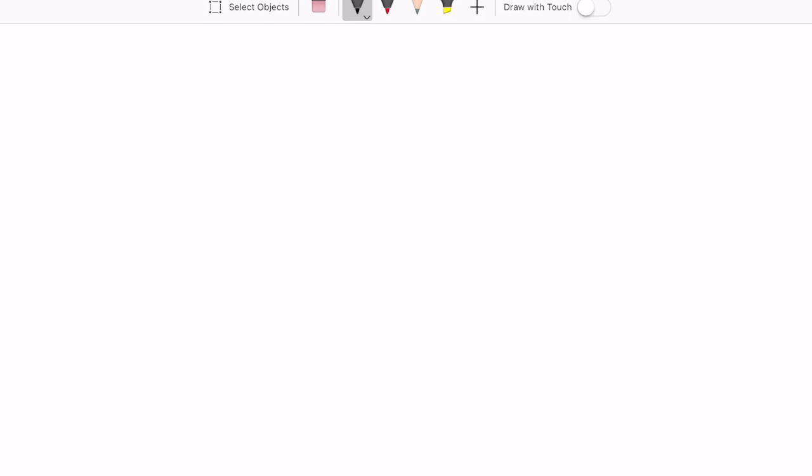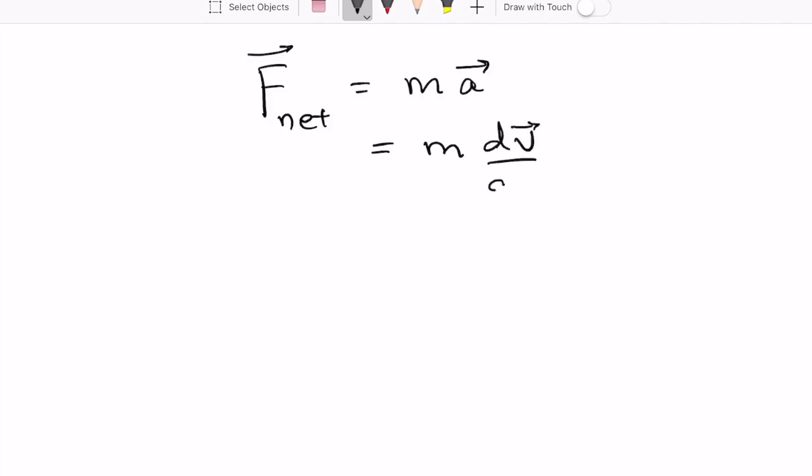So Newton's second law, as you remember from an earlier chapter, is net force equals mass times acceleration. Now you know that acceleration can be written as the derivative of the velocity, as you've seen in chapter 3.